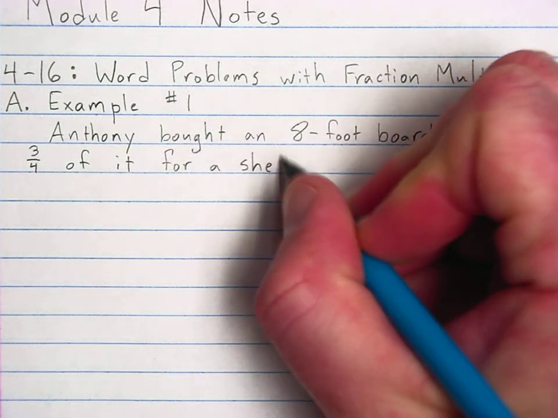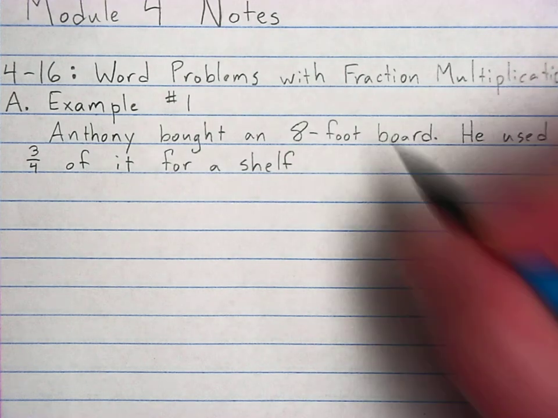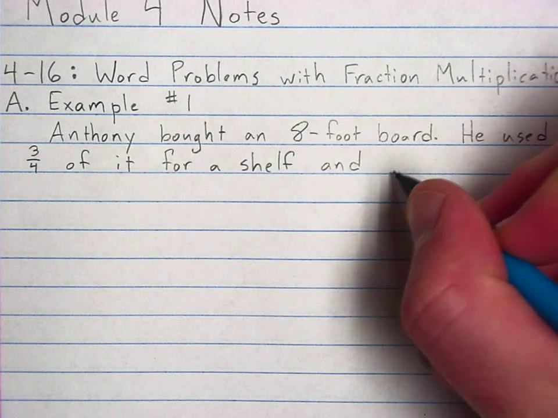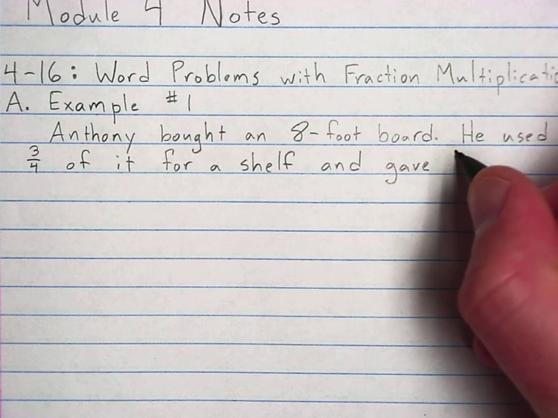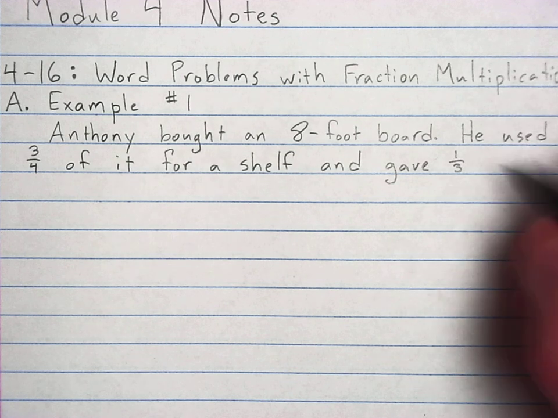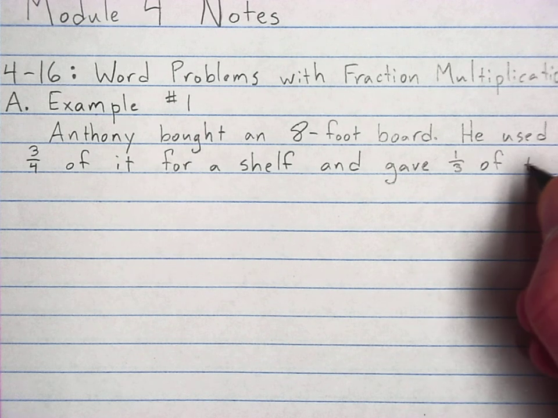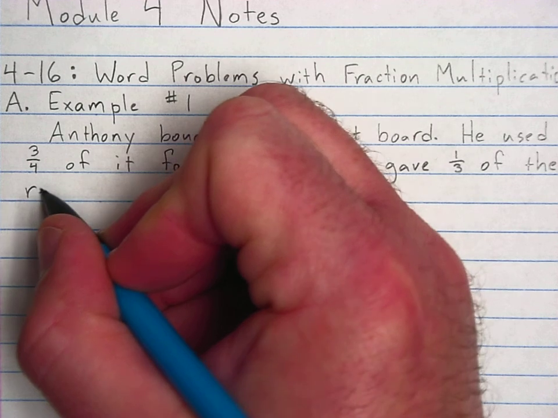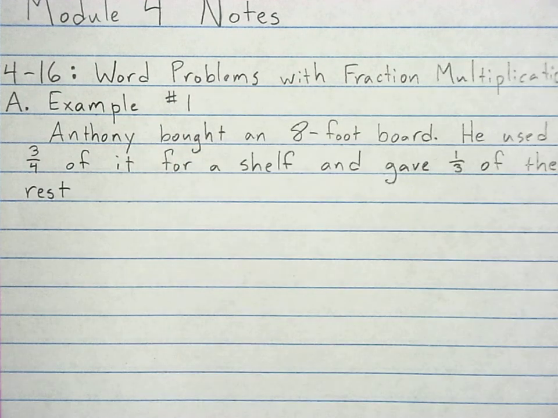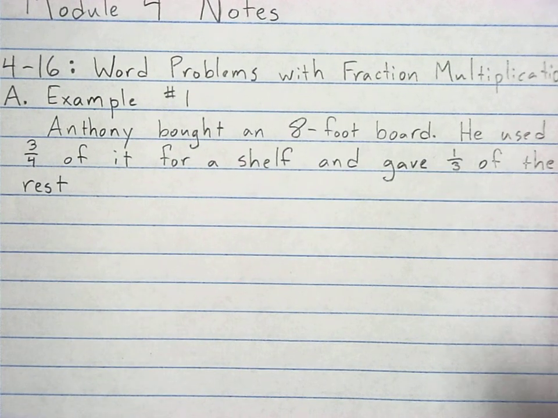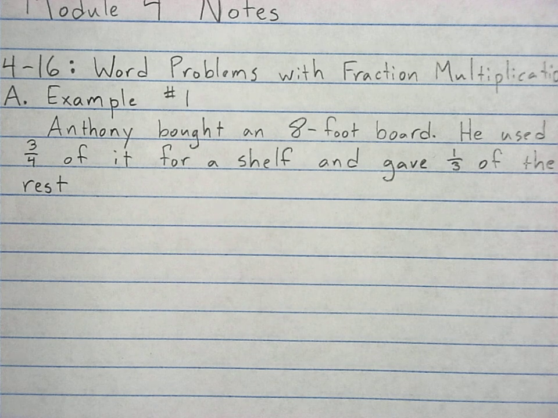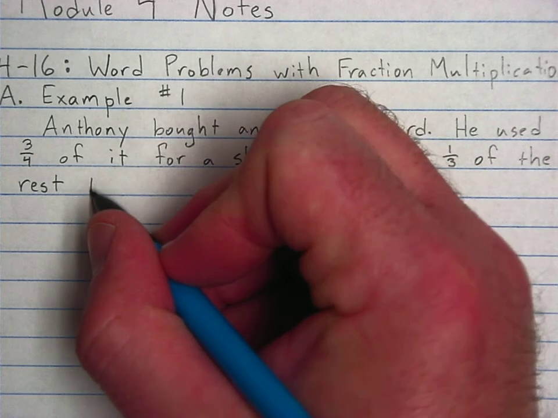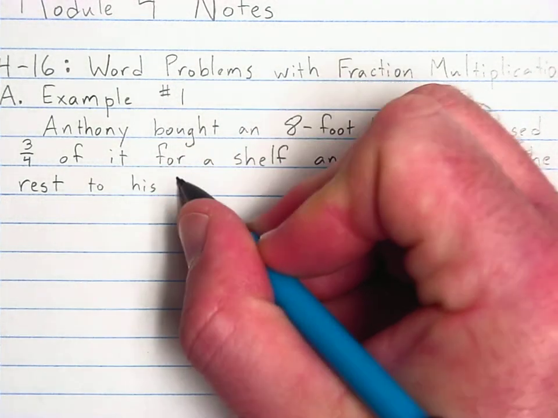So Anthony's a handy guy, he's building around the house. For a shelf, and gave 1/3 of the rest. Now this is important. 1/3 of the rest, so the remaining. He gave 1/3 of the rest to his brother.